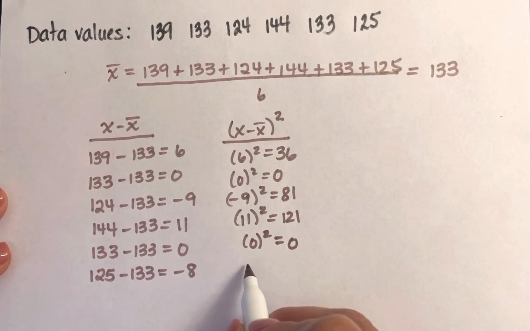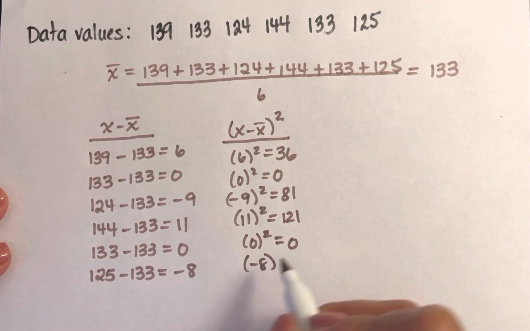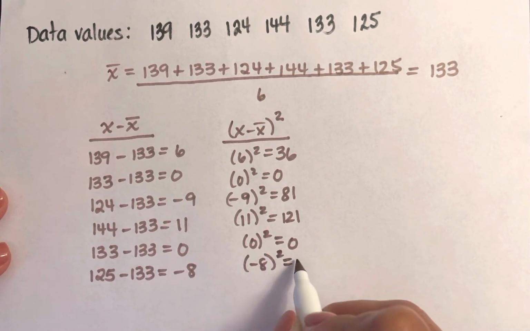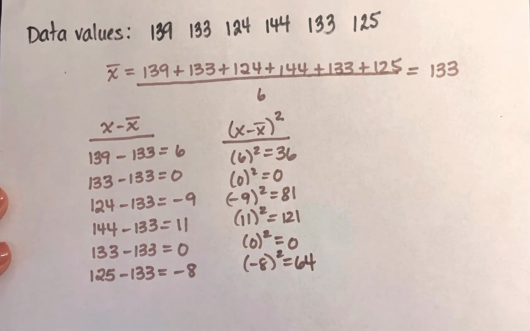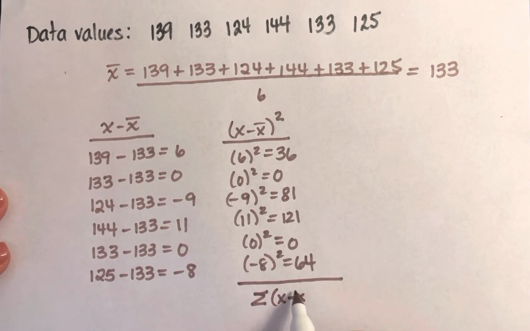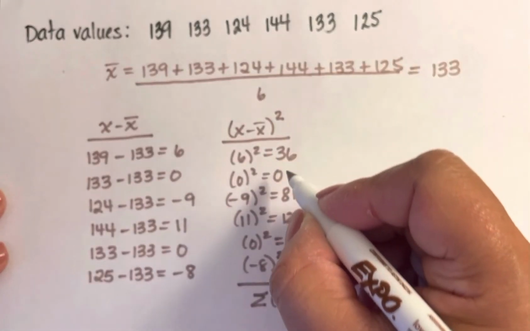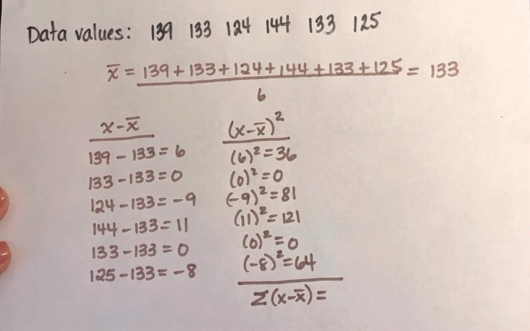So all of these squares will either be 0 or positive. Next, we're going to add these squares. So if we were to add these values here, we would get a sum of 302.